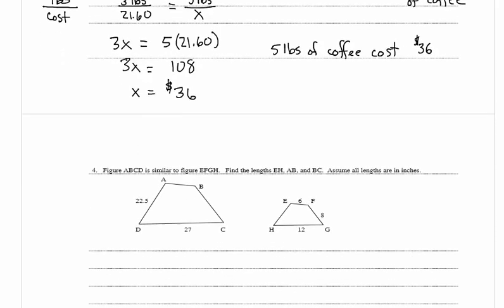In 4, we have figure A, B, C, and D is similar to figure E, F, G, and H. And it wants us to find the lengths EH, AB, and BC. Assume all lengths are in inches. So we want to set up proportions with similar sides.